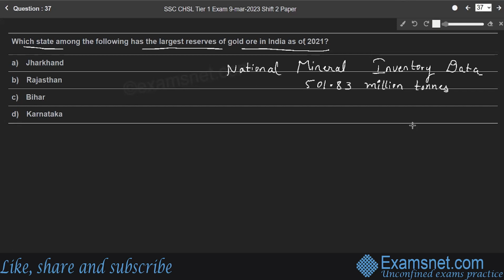In India, the largest resources of gold ore are located in Bihar, which is 44%. Therefore, option C is the right answer. So Bihar state has the largest reserves of gold ore.